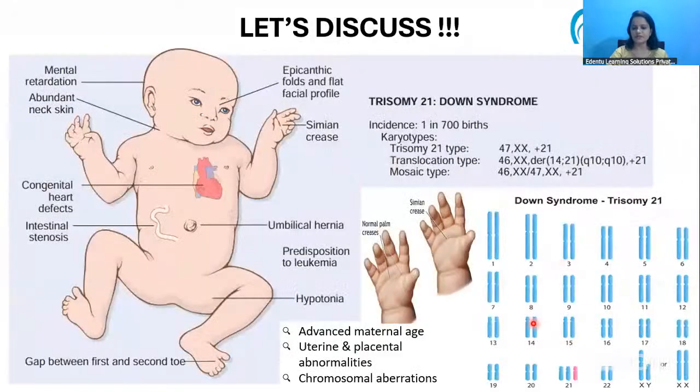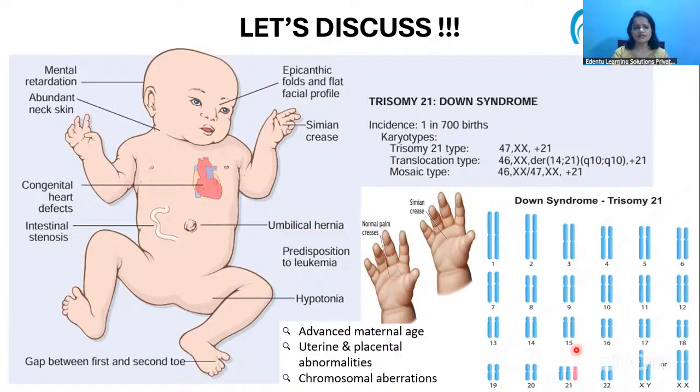So this is the karyotyping of Down syndrome. As you can see, in Down syndrome, in the 21st chromosome, there will be an extra chromosome present. So that is called trisomy 21.